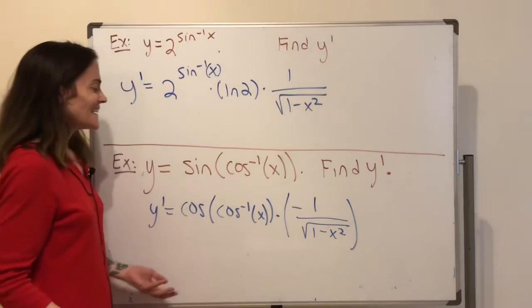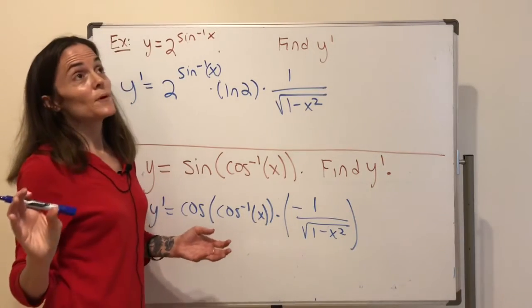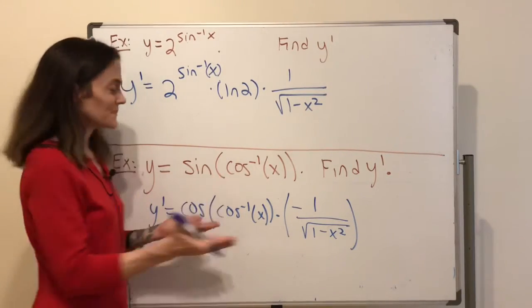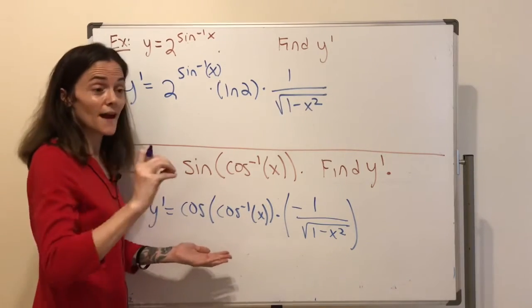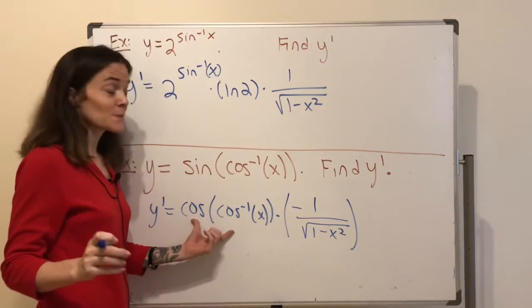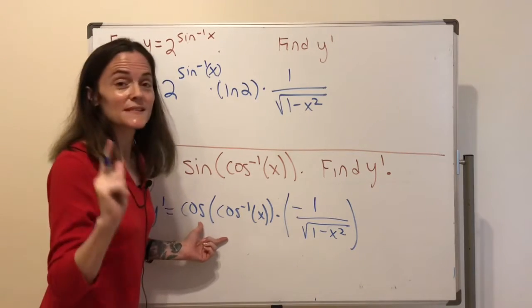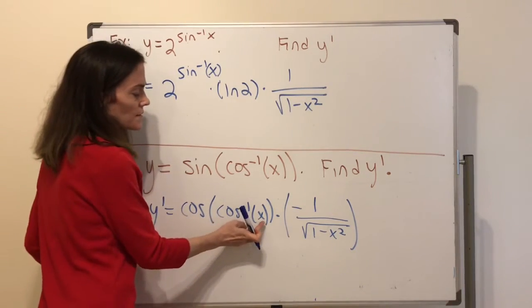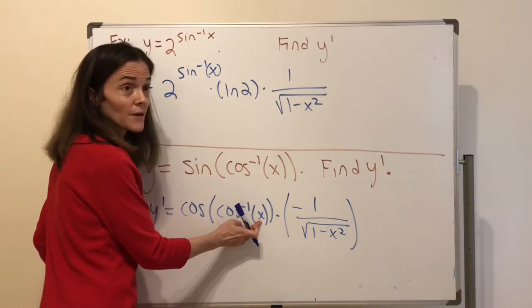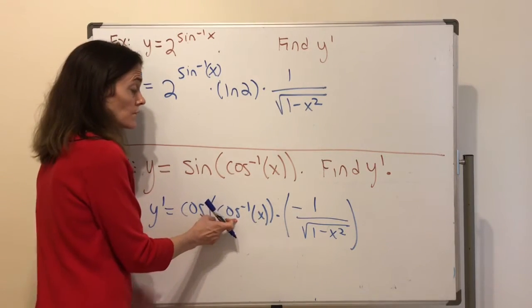Now, this is a great example because we have cosine of cosine inverse, and I didn't explicitly write what this is, but I did for the sine. You start off with a cosine value, then you figure out the angle.